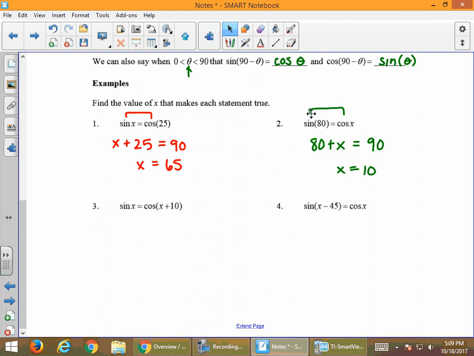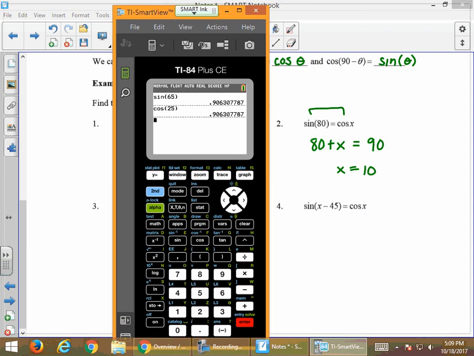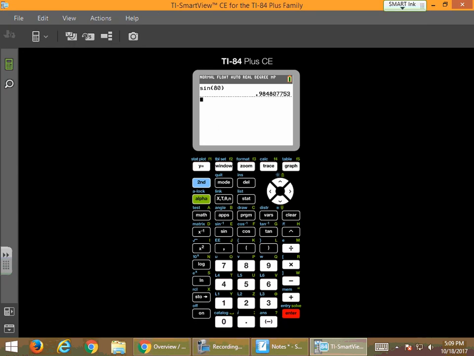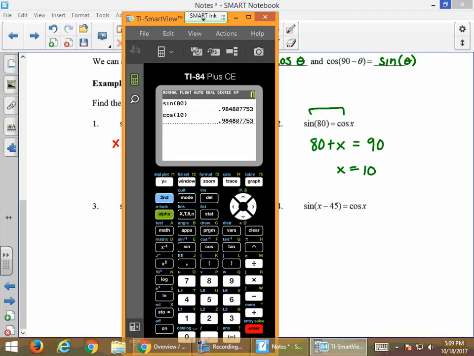And again, I'm going to check that using a calculator. All right, I'll do the sine of 80. And I'll do the cosine of 10. You will notice that they are, in fact, the same.